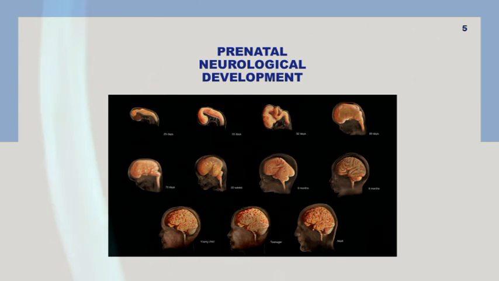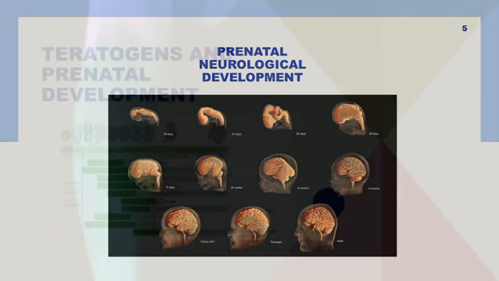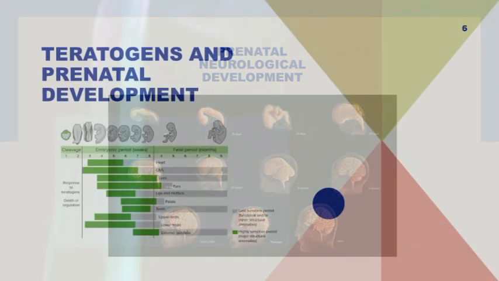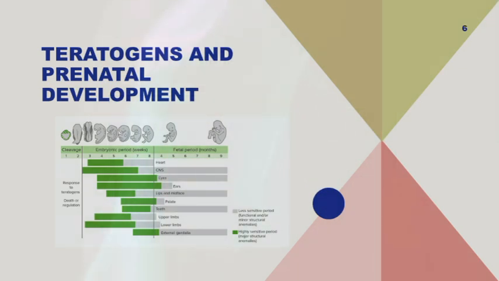Fantastic. But there's something I need to highlight in this process. Something that's really crucial to address, and that is the potential impact of teratogens, which are substances or environmental factors that can interfere with normal fetal development and lead to congenital abnormalities or birth defects.